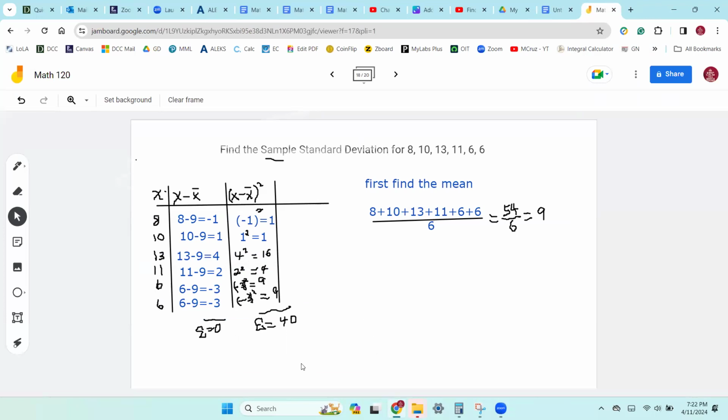All right. And so this is what I got. I'm just going to write that formula out with what I know now. So S is equal to the square root of, and then up here we got 40. And down here, it's n. So n was 6.